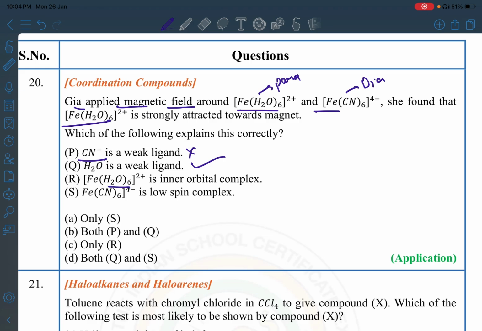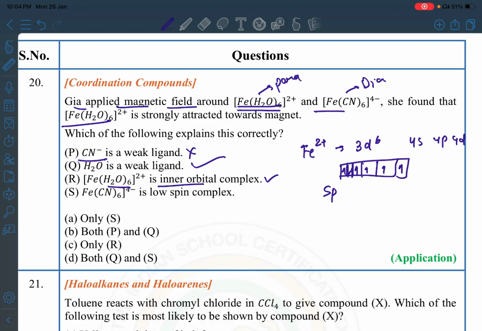Fe(H2O)6 2+ is an inner orbital complex? No, generally, if we form the complex, it will be Fe2+, so it will be 3d6. So 3d6 is like 1, 2, 3, 4, 5 and 6. Now, we want 4s, 4p and 4d, so the hybridization will be sp3d2.